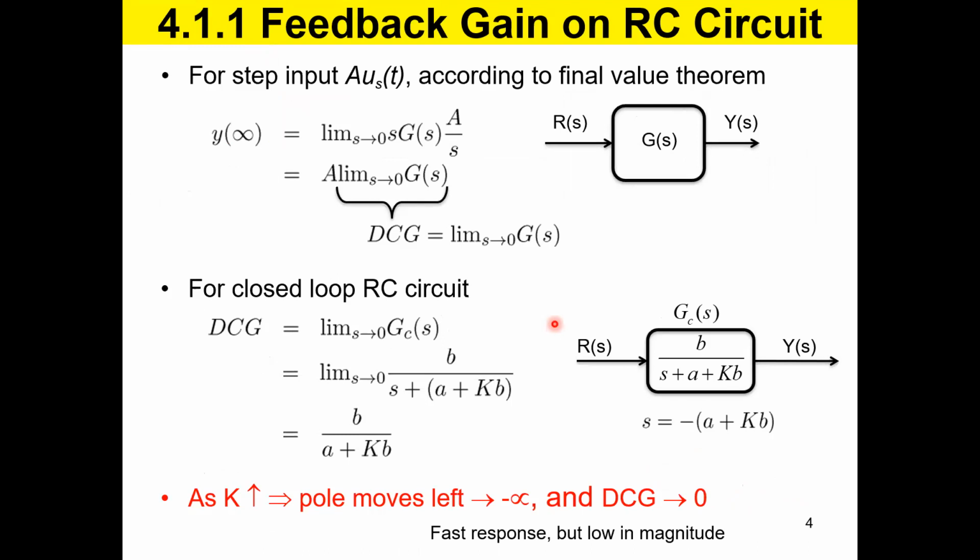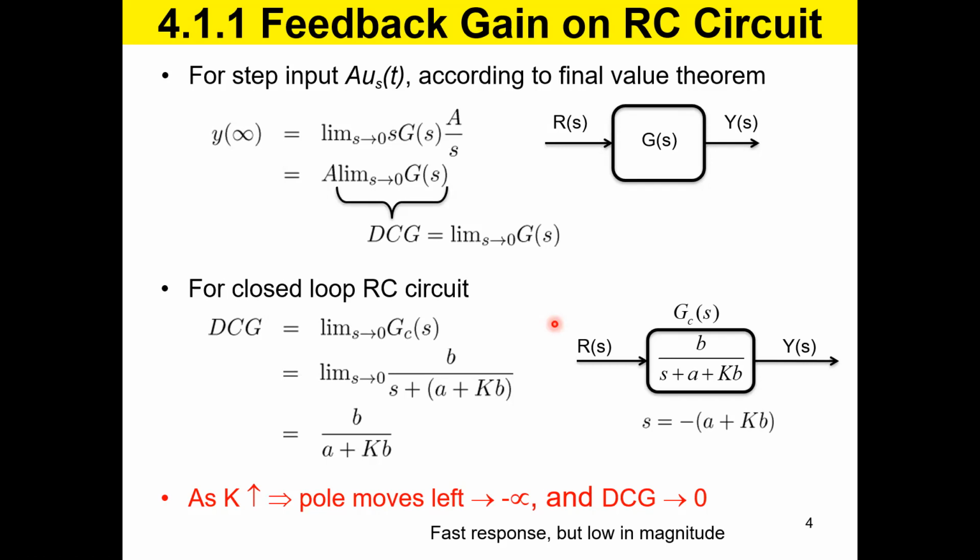So there are a few other things that we need to collect on the way. One thing is what is called the DC gain. For a plant, when you give a signal as the input, and you want to find out the final value of the response, what is the final value of the response?